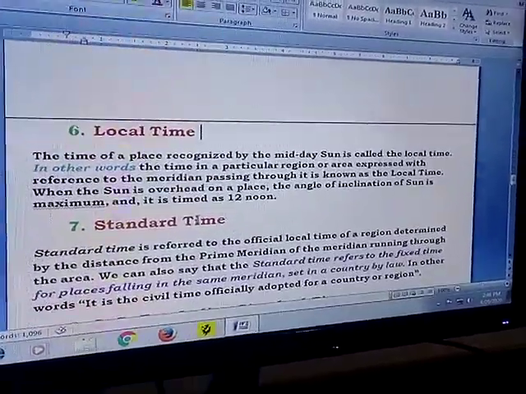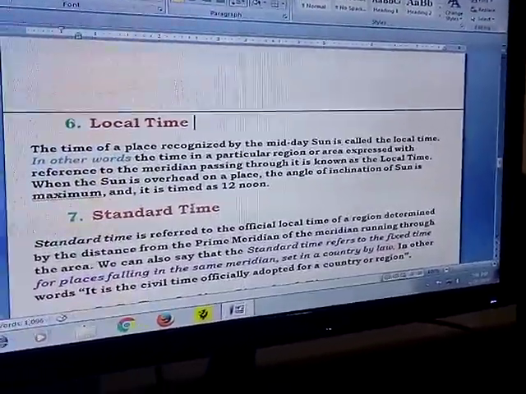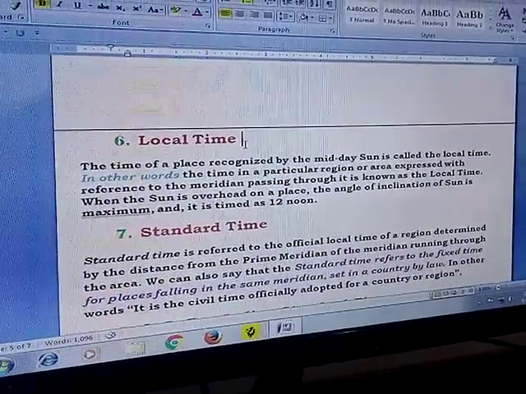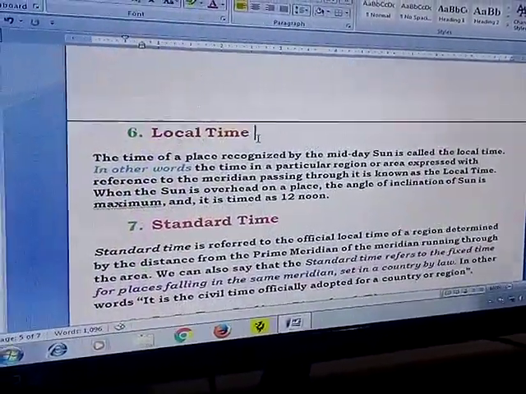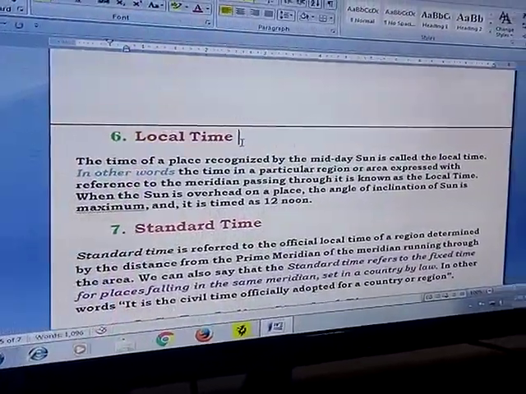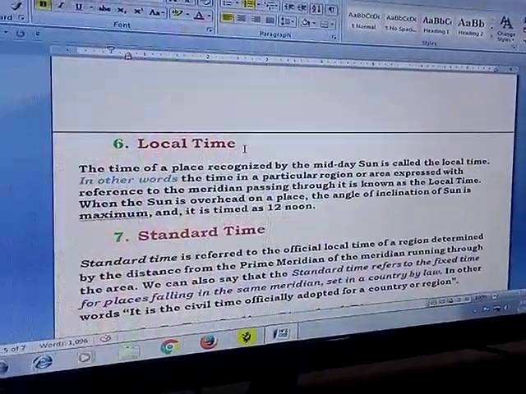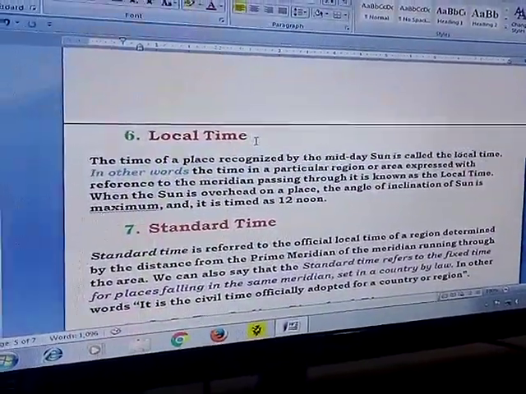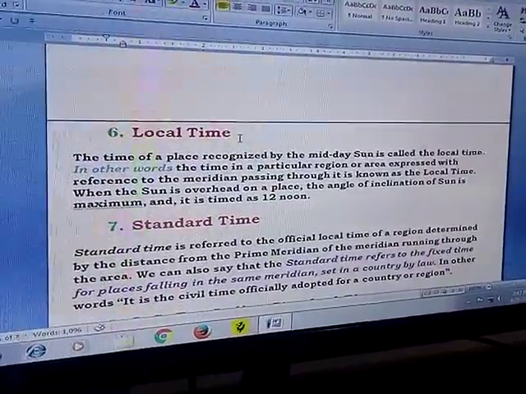But if you visit the westernmost part of India, you will know that in Dhanbad the evening comes around 6:30, but in Jaipur and Jodhpur the evening will come after 7 or 7:30. But still, the time all over India is the same.